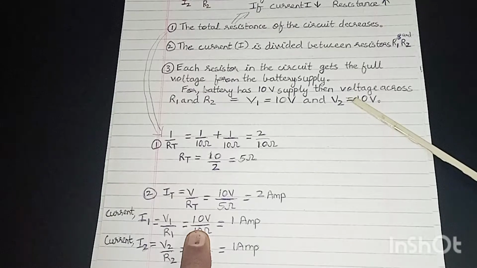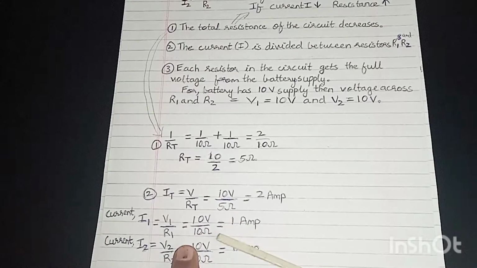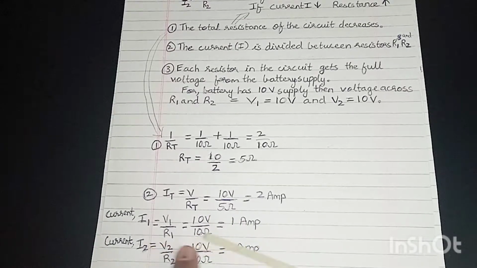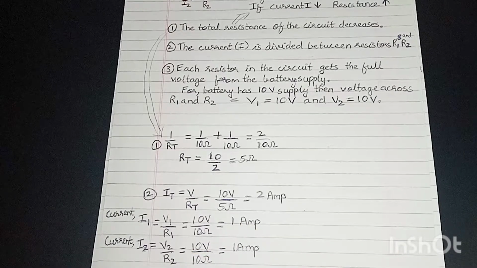Okay, 10 volt battery supply. You have to see the previous lecture wherein we proved that the voltage at the parallel connection will always be constant. So we have taken 10 volt over here at R1. R1 value would be 10 ohm. If you divide this, you will get 1 ampere current passing through the R1 resistor.